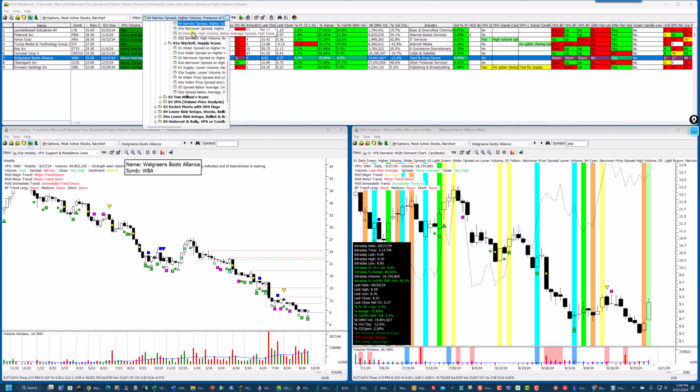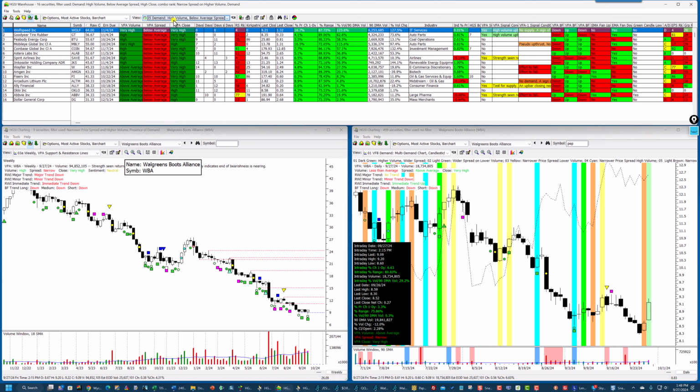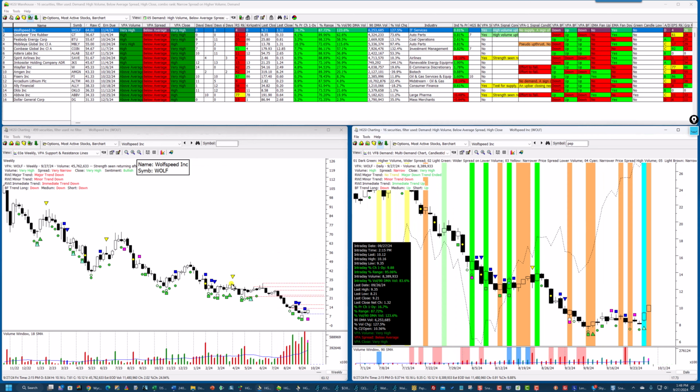And then number 5 is demand, high volume, below average spread. You can see that the columns right here reflect what the title is, and this is the way the filter is set up. Now here's a stock that's been out of favor.